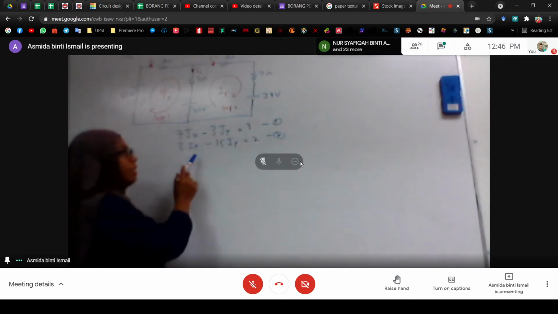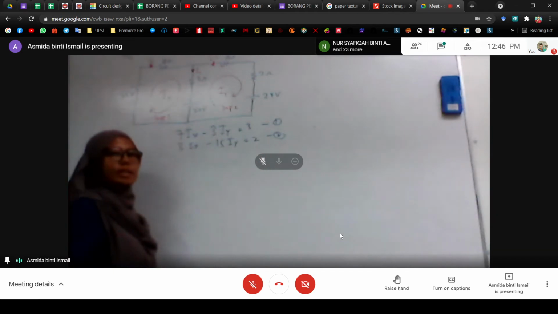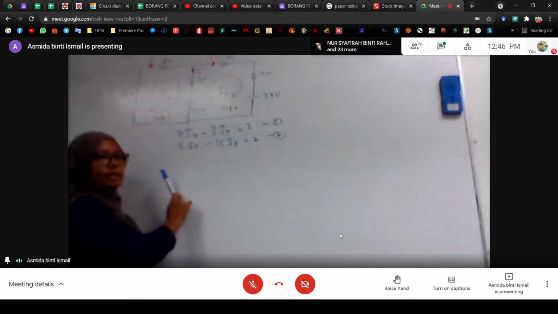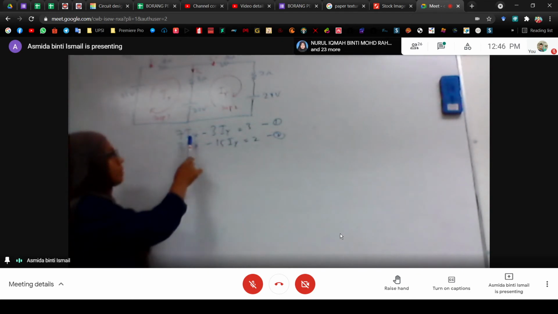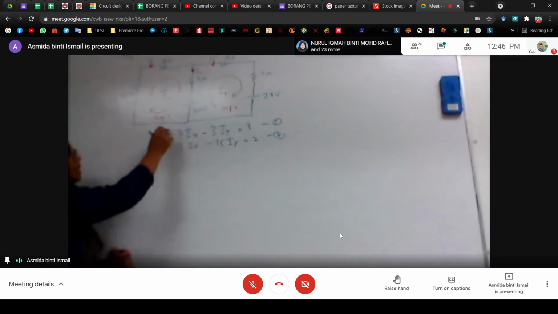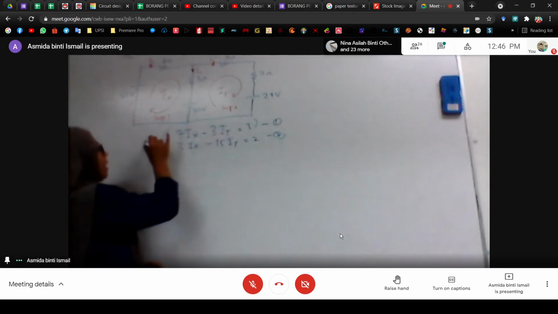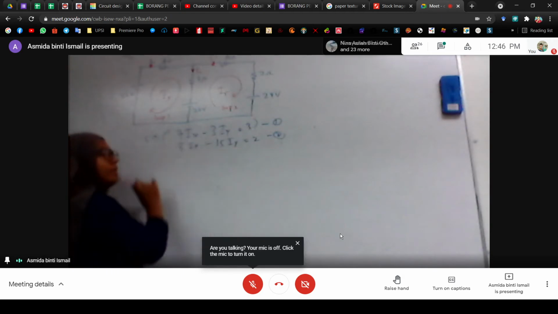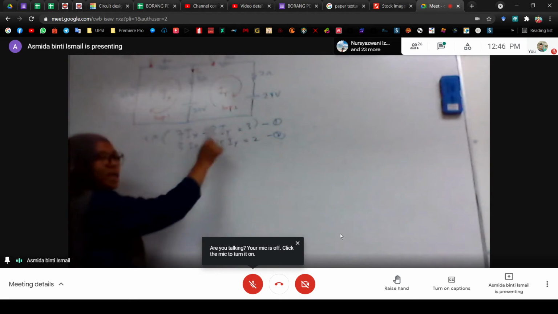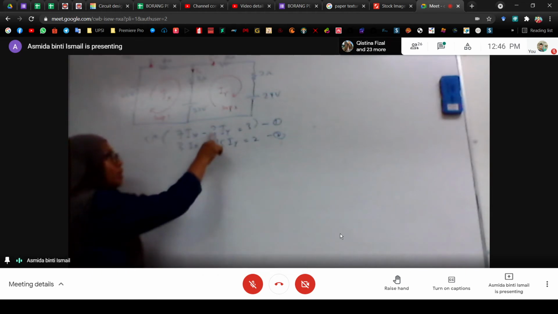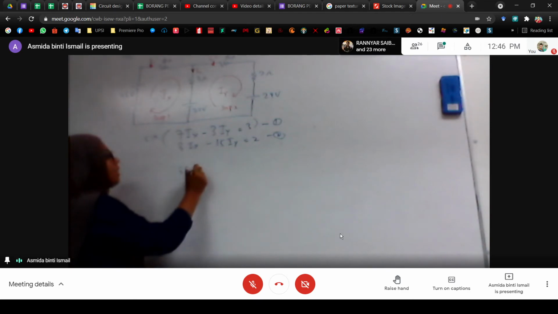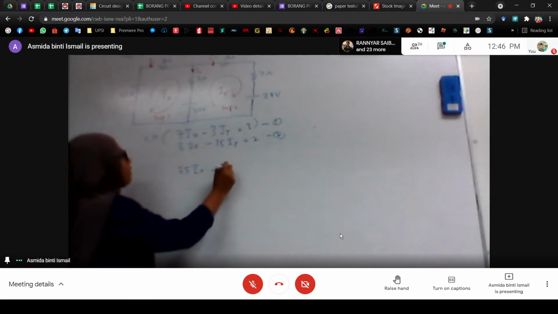Okay. So you have this equation and this equation. From this, you can multiply this by 5. Why? Because we want it to be 15 I1. Look at it, 7 times 5 is 35 Ix minus 15 I1.